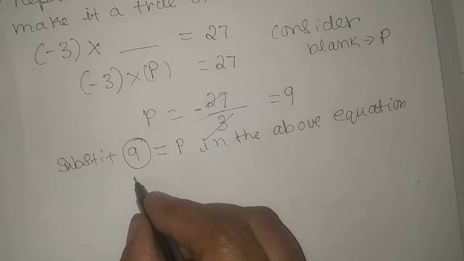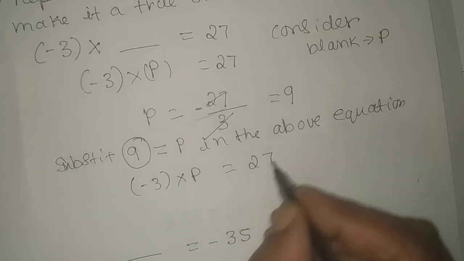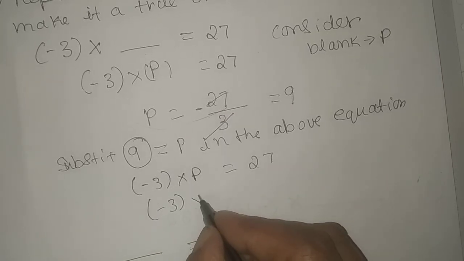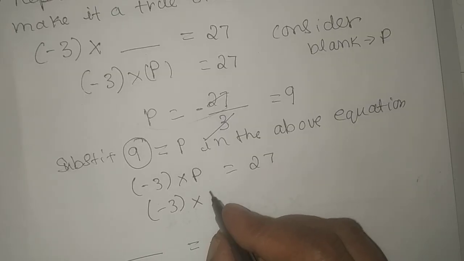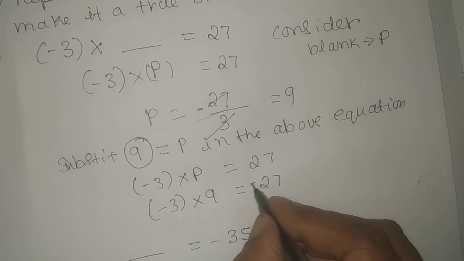So take this equation, that is minus 3 into P is equal to 27. So minus 3 into P is how much? 9, which is equal to 27.